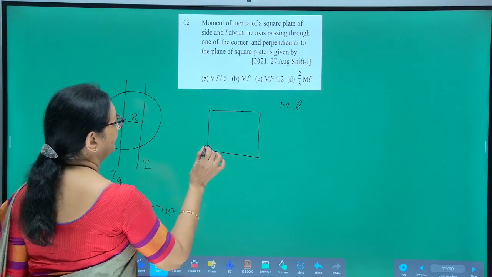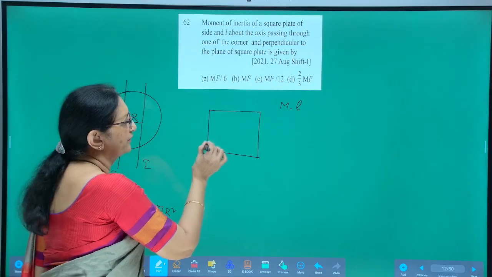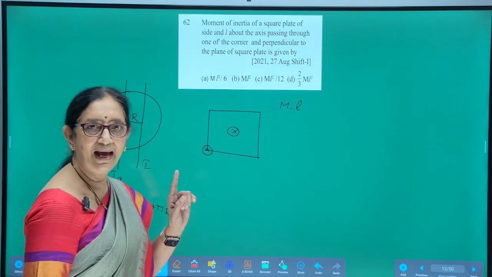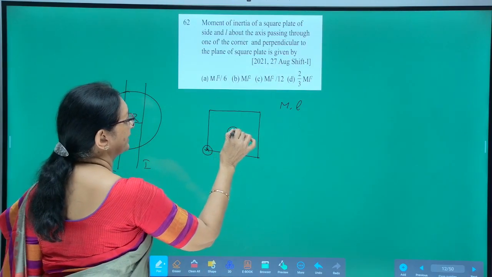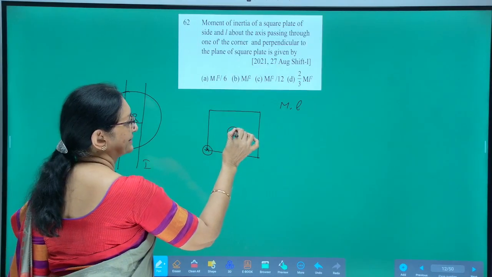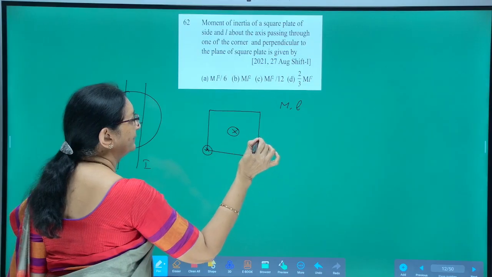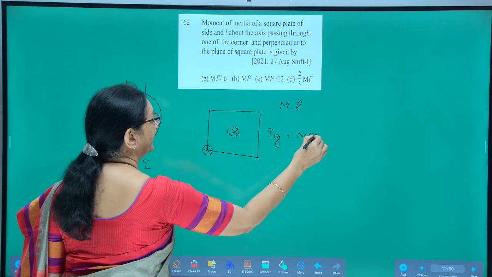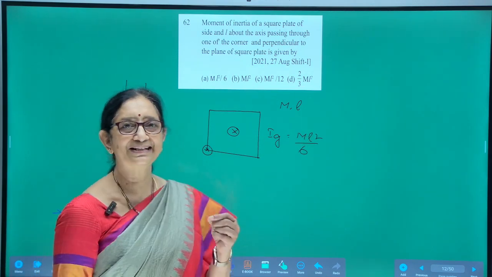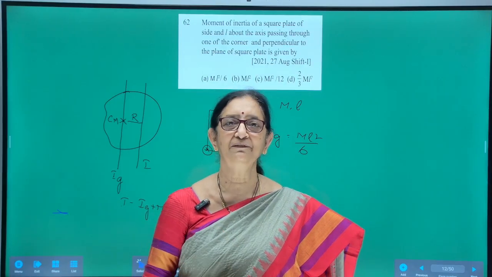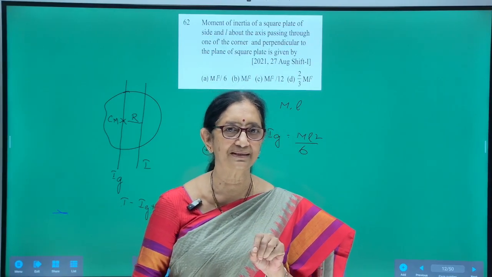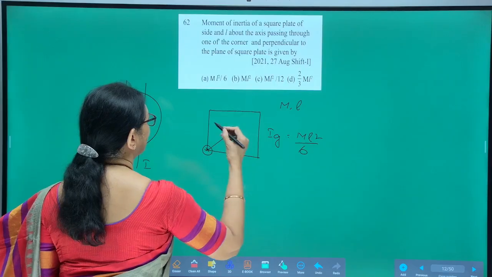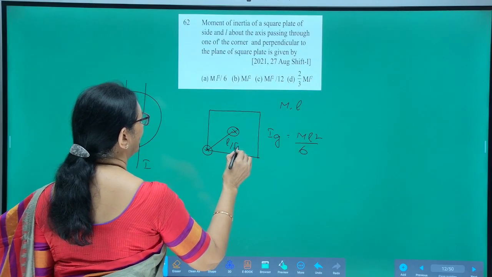So, here if this is the axis about which we need to find its moment of inertia, we have to imagine an axis passing through the center of mass parallel to the given axis, like this. So, about this axis, moment of inertia is ml square by 6, because for a square lamina, moment of inertia about an axis passing through the center perpendicular to the plane is ml square by 6, and this distance is L by root 2.